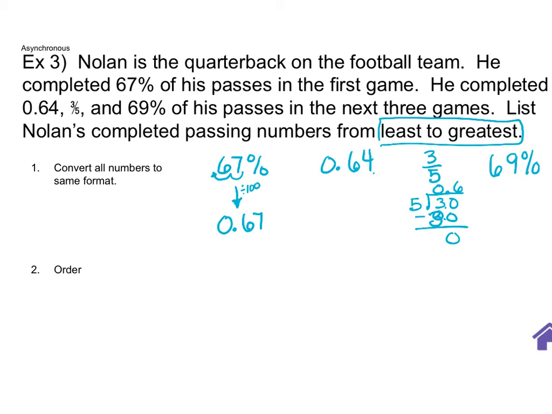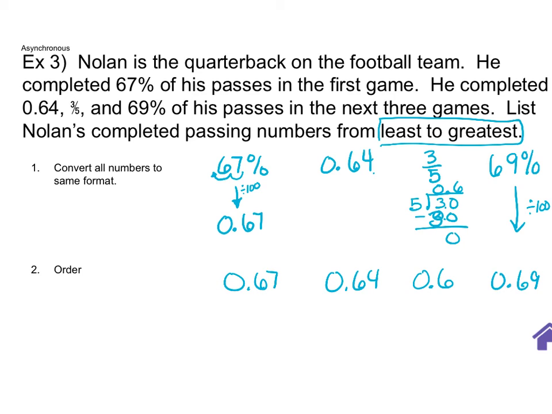Okay, so I have 0.6 as my decimal, and then this decimal would be 0.69. Remember, to convert, you divide by 100. So I just took the 69, divided by 100, and I get 0.69. So I have 0.64 and 0.67.